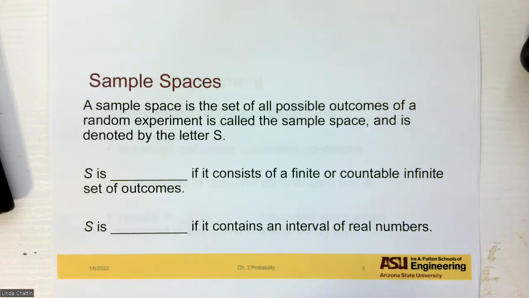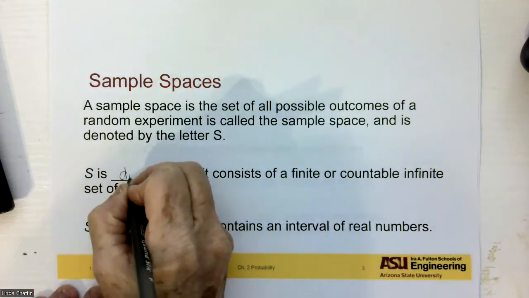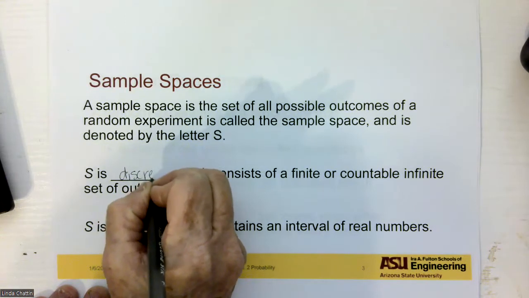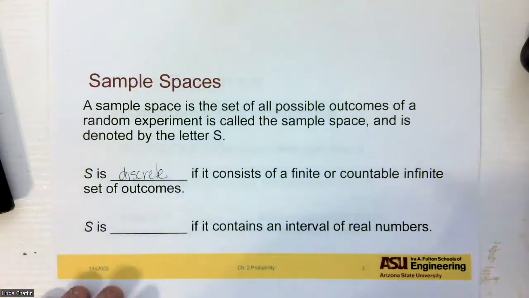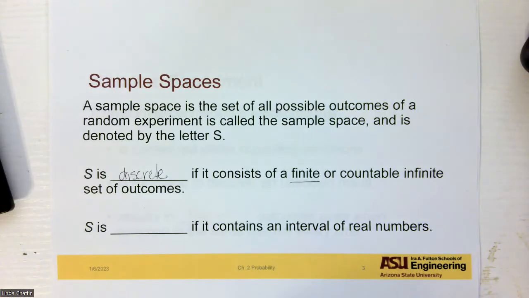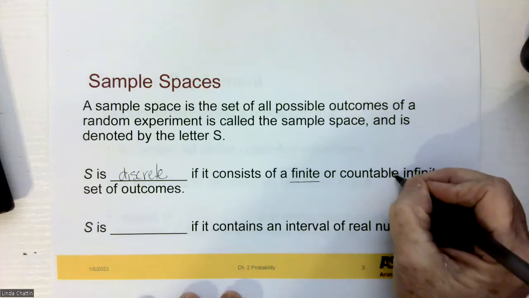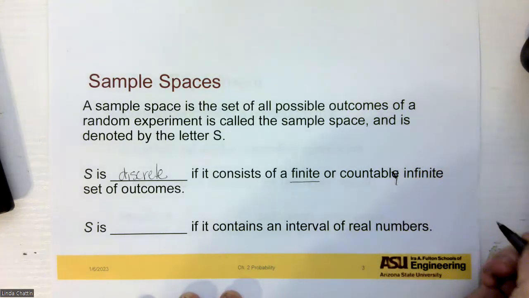is a discrete sample space if it has a finite number of outcomes, like when I throw a die, right? That would be finite. I'm going to have a face value of 1, 2, 3, 4, 5, or 6, or a countably infinite set of outcomes.